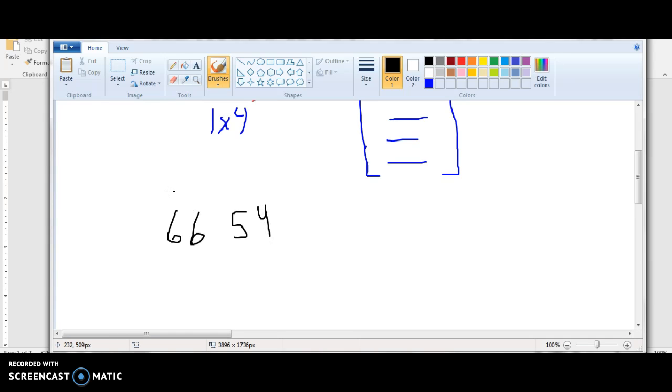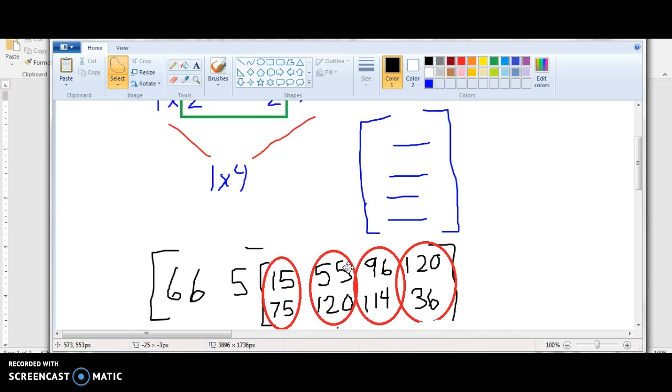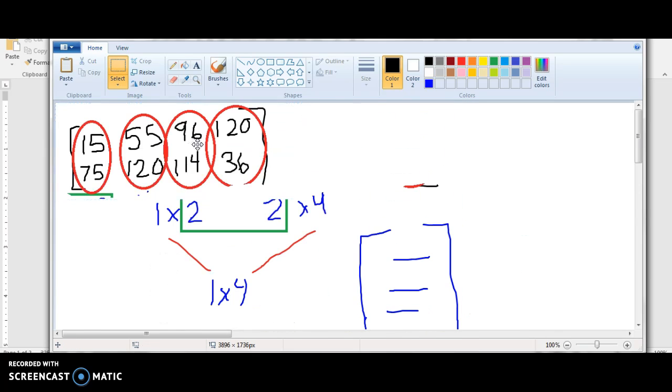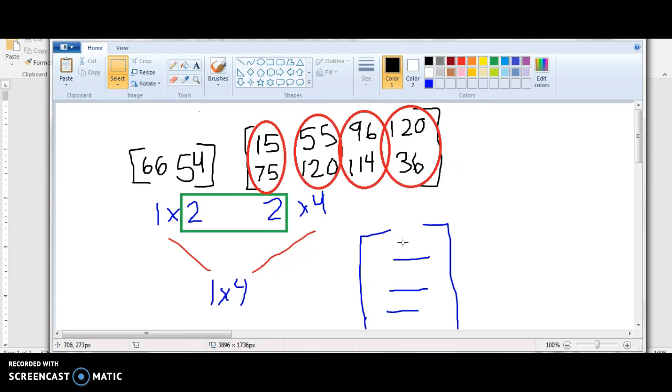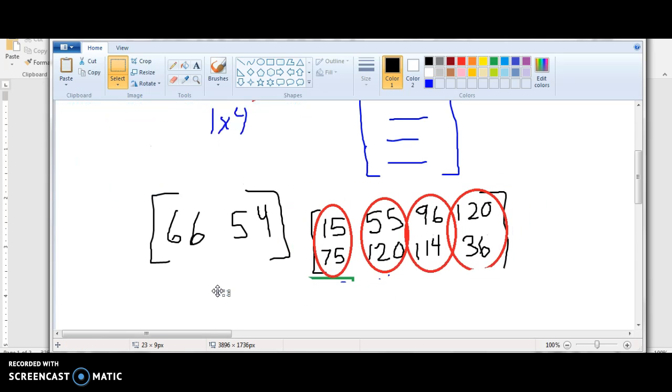I tell you, Paint is not the best program to use when you're trying to teach somebody how to do something. Alright, let's grab this right quick. Alright, there we go. Now we have our numbers.